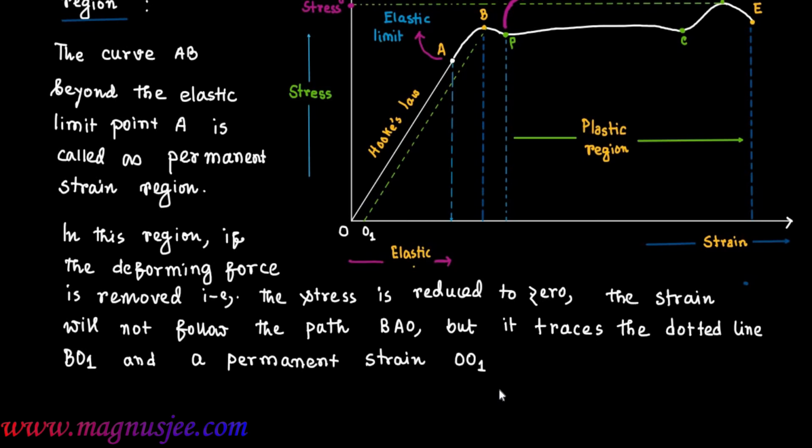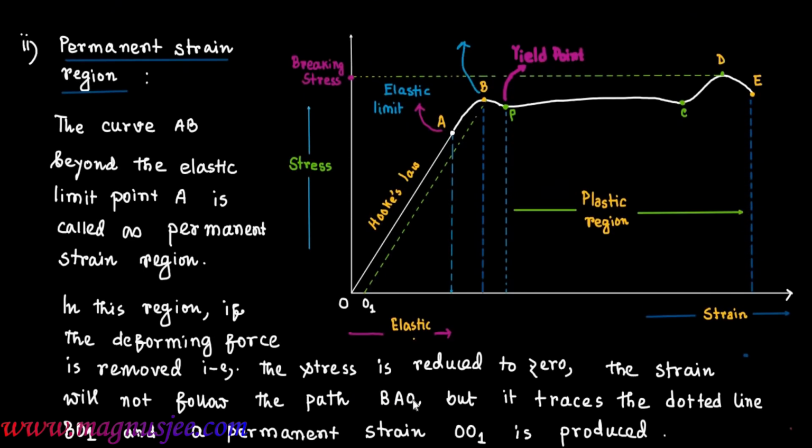is actually permanent strain. A permanent strain OO1 is produced if the deforming force is removed at the point B. So OO1 is the permanent strain produced in the wire if the deforming force is removed at the point B. The deformed body or wire will try to regain its initial configuration along the path BO1, and OO1 in the graph is the permanent strain produced in the body if the deforming force is removed.